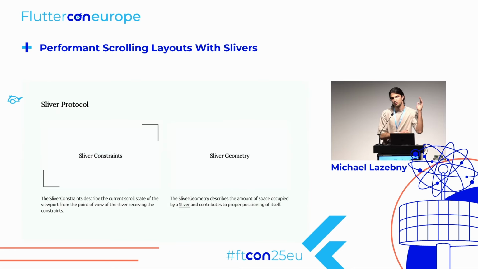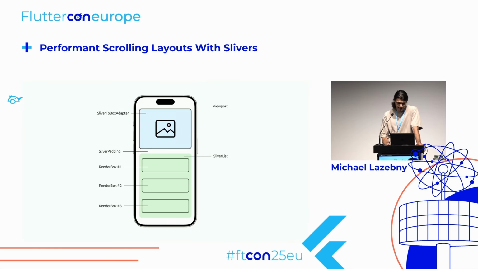You cannot lay out all those 1,000 items at once, because this is inefficient, right? And for this reason, sliver geometry exists. It makes it possible for the sliver to provide the needed data for the viewport to render it. For example, whether the sliver is visible, whether it overlaps someone, the actual paint order, and so on. There are many things. We won't do a deep dive into these things, so let's go next. And this is a very basic layout.